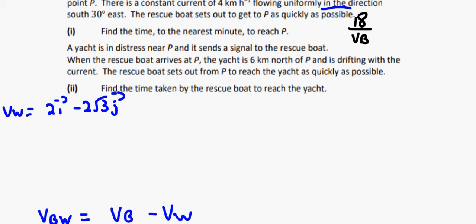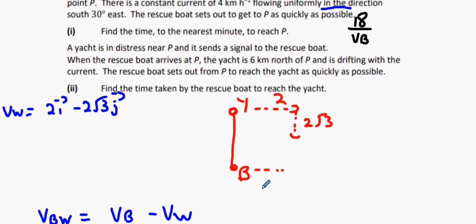Okay. So next we have yacht, boat. Now, what's the deal with the boat? What's the only thing it needs to match to make this collision occur? The yacht goes 2 across and 2 root 3 down. What's the only component the boat has to match to ensure that this is a collision?